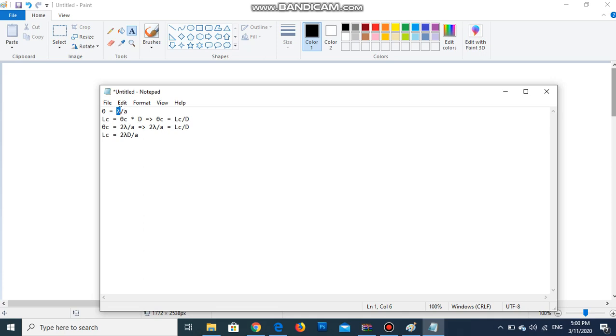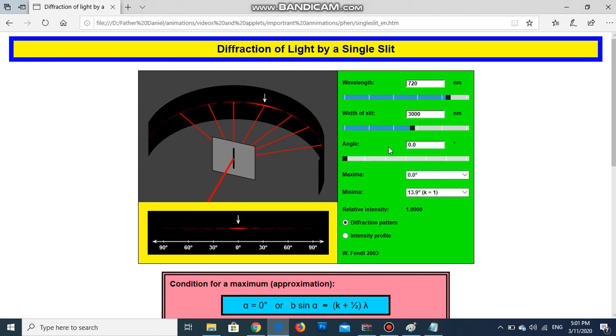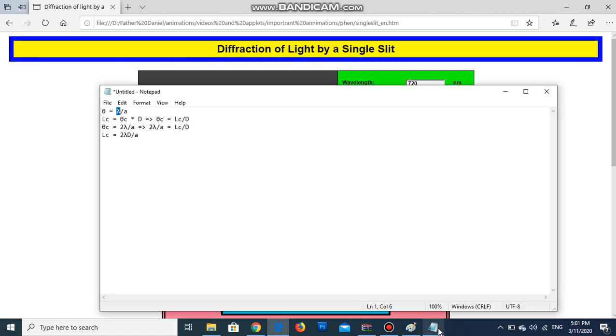Now this means that if I increase lambda, theta must increase, and if I increase a, theta must decrease. Let me see if this is true. This is an experiment, so I will decrease the wavelength. If I decrease the wavelength, theta must decrease too.